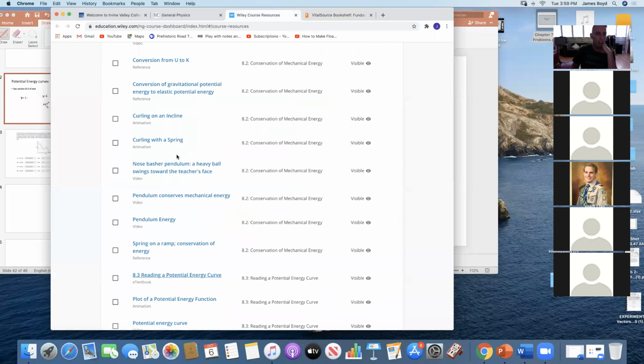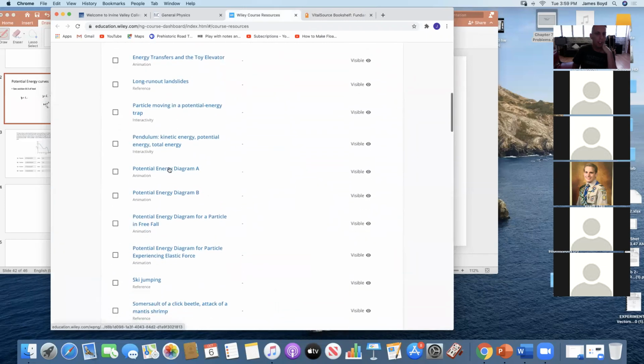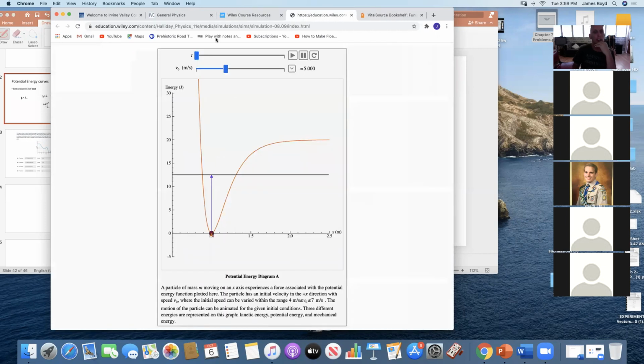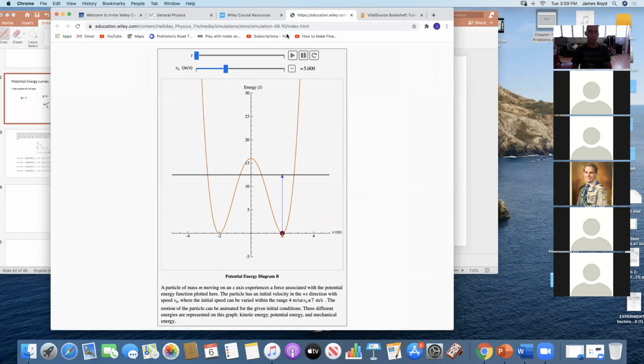So let me actually show you that in this kind of cool thing that I wanted you to see. I believe this is the one. Nope. This is the one. So this little slider lets you basically give it the amount of kinetic energy, right? Because that's mv squared over 2.